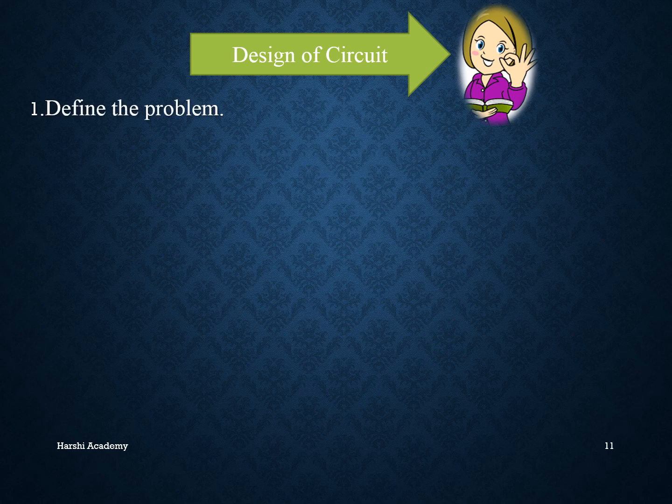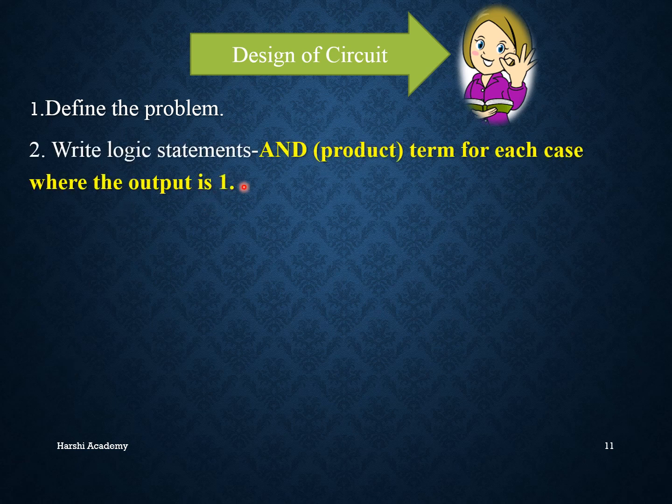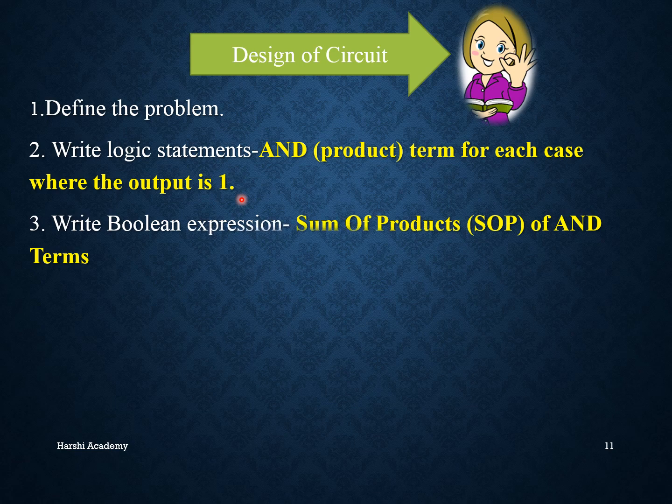Step 1. Define the problem. Step 2. Write logic statement as AND terms, that means product, for each case where the output is 1. Third step, write Boolean expression as sum of products of AND terms.